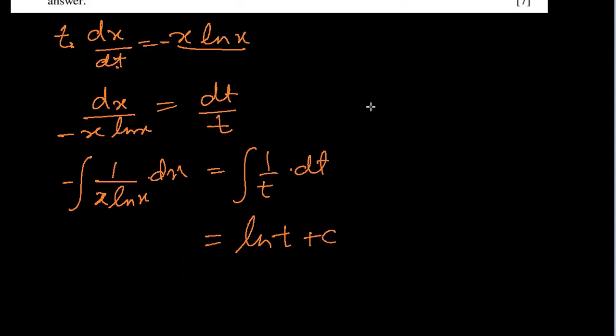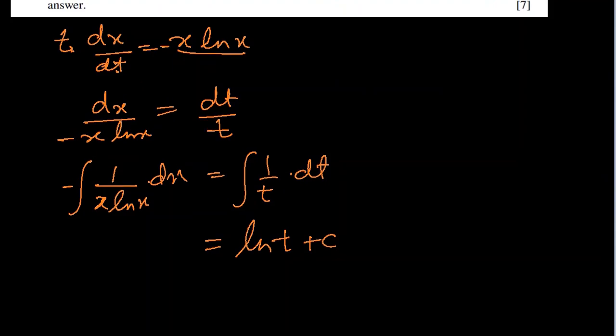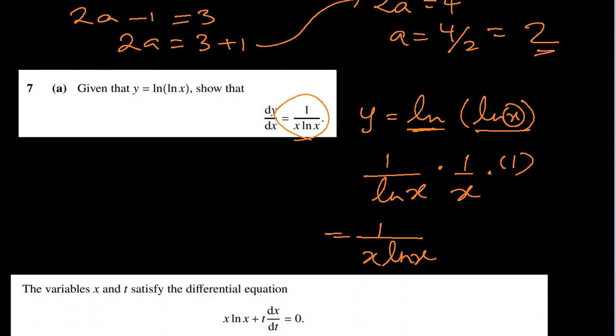The left hand side would be very difficult to integrate since it is a different looking integration, but look at the first part. The differentiation of x ln x was 1 over x ln x.